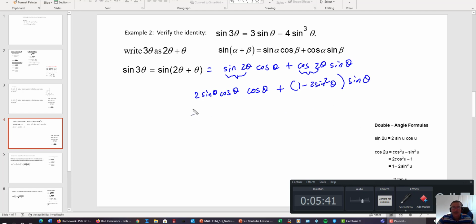All right, so cleaning this up on these verification problems, we're going to say this is 2 times the sine of theta times the cosine squared of theta. And then if we want to, we can distribute on this side. We can run the sine through here. So I'm going to say that's the sine of theta minus 2 sine cubed theta.